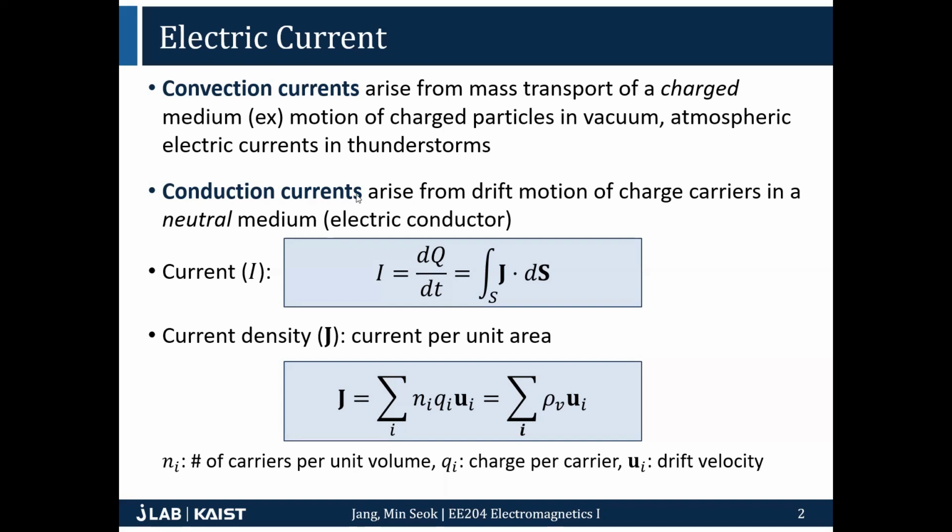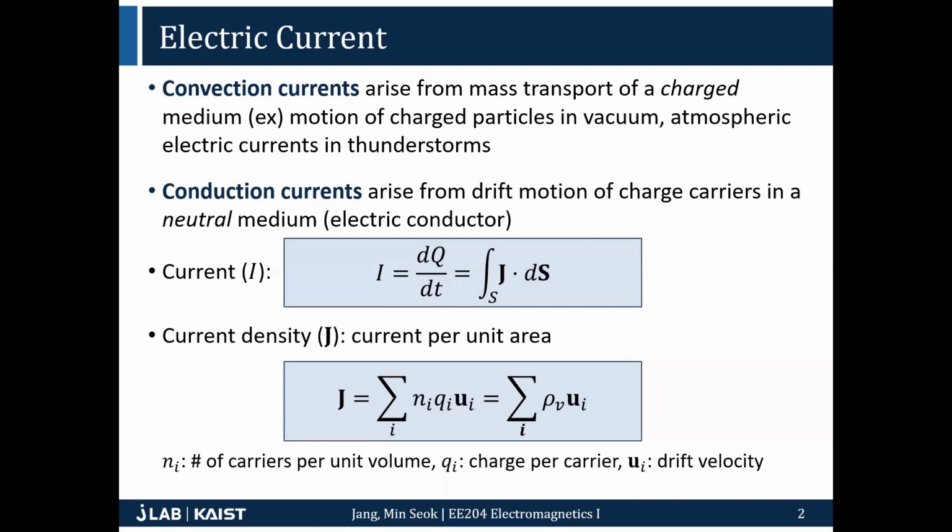And conduction current is a little bit different because in conduction current, the medium itself is neutral, like an electric conductor, like metal. But if I apply the voltage between two ends of a metal, then electrons flow, right?